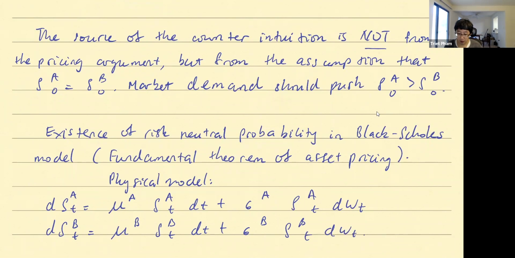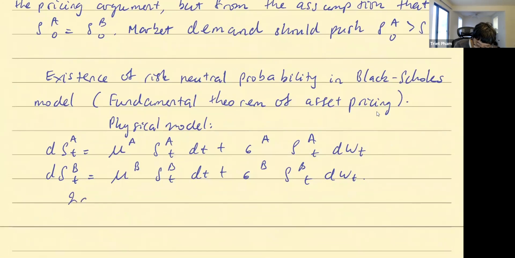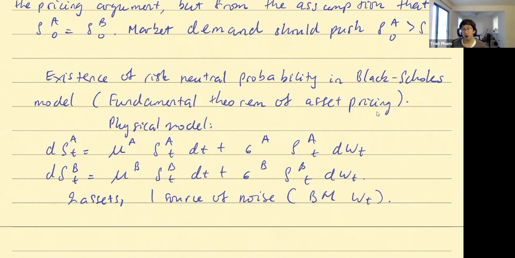The important thing here is, two assets, one source of noise, which is the Brownian motion W_t.